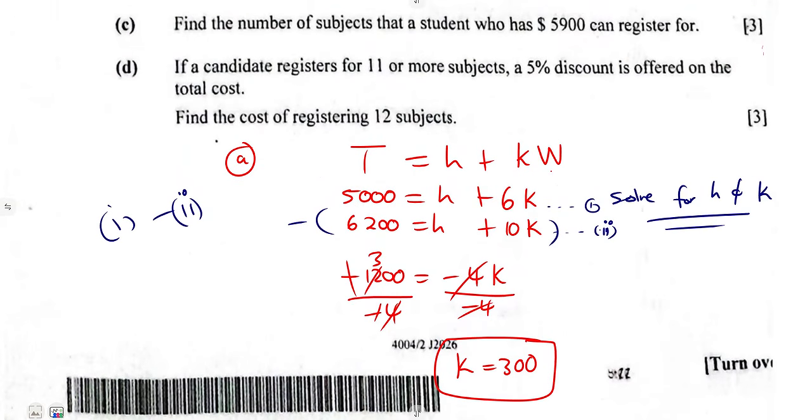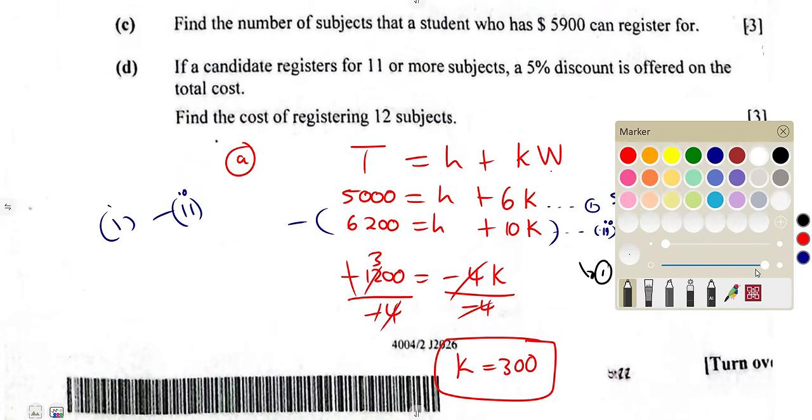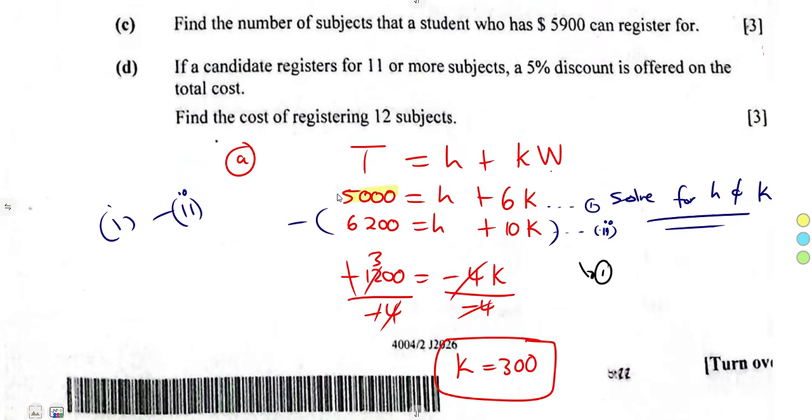You can use that value of K to find the value of H by substituting in any one of these equations. I'm going to work from equation 1 and substitute. So in equation 1, 5,000 is equal to H plus 6 times K. Our K is 300.